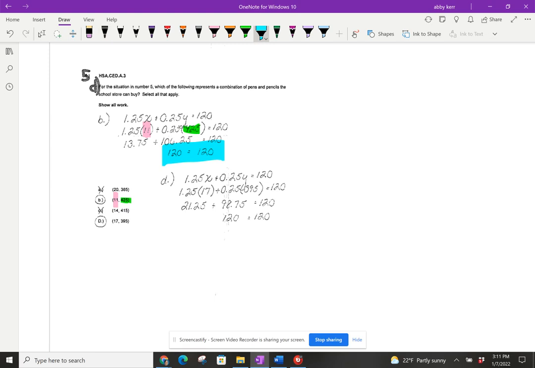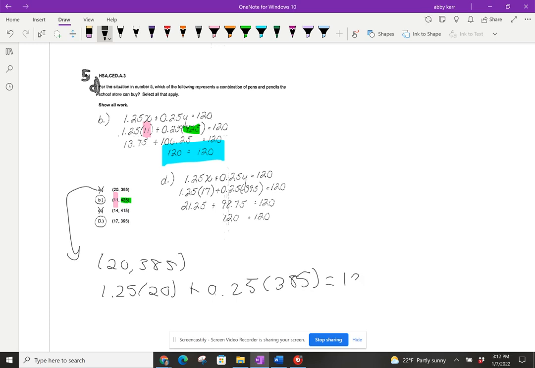And then the same thing for choice D. Now, if you do, let's say A, 20, 385, if you plug in these two values for your x and y, you are going to get a false statement.